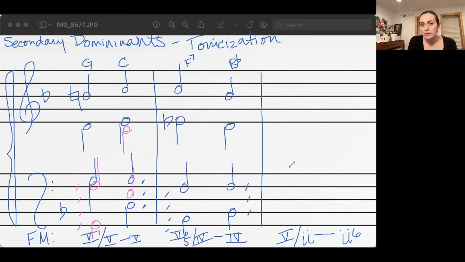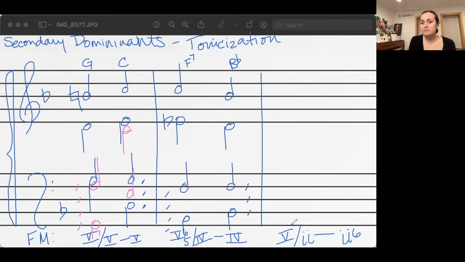Last example is going to be a 5 of 2 going to a 2/6. So it is possible that whatever our secondary chord is, it can resolve to an inverted chord. Just like if we had a 5, we could have it go to a 1/6. It's a similar kind of motion. So let's again work backwards.